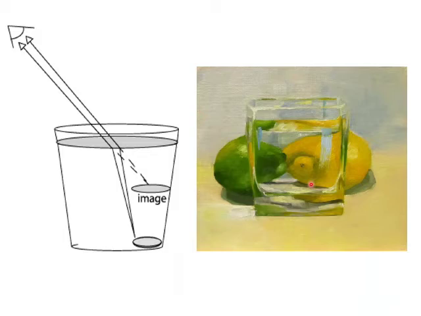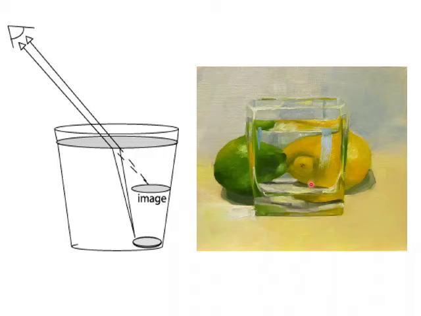So all these examples that we have discussed, activities that we have done, are with respect to refraction of light. And refraction takes place when light rays travel from one transparent medium to another. And the transparent mediums that we have seen in these activities are air, water, and glass.